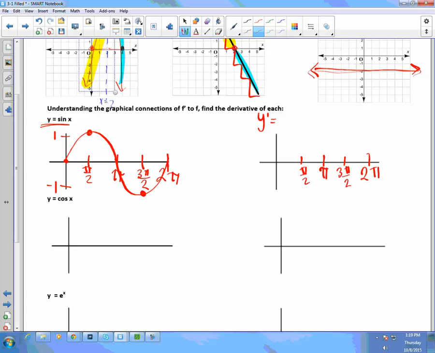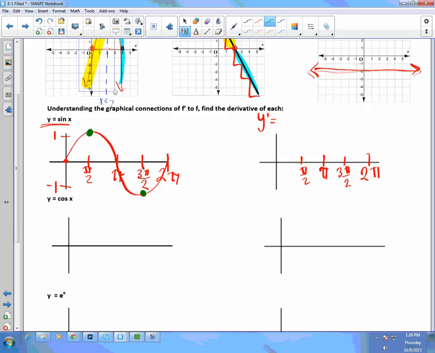I hope you all have pencils, because I want you to try this with your neighbor first. Thinking about what we talked about last time, I would probably start with our critical points, maxes and mins, and draw on a derivative graph what that represents. Then think about the increasing sections: what does that represent on the derivative?